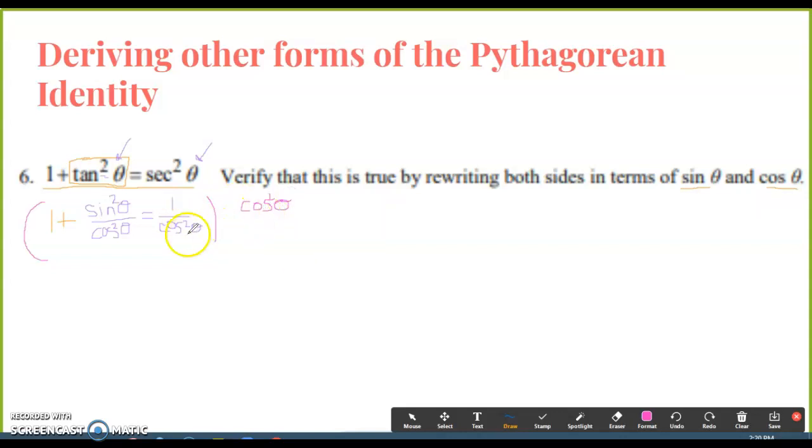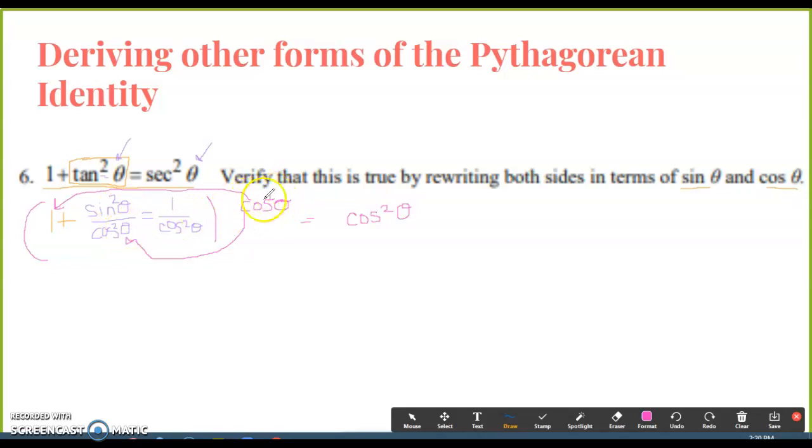And when I multiply the whole thing by cosine squared theta, what I end up with is this. The 1 right here would be multiplied by cosine squared theta, so it would turn into cosine squared theta. My next fraction would be sine squared of theta over cosine squared of theta times cosine squared theta.